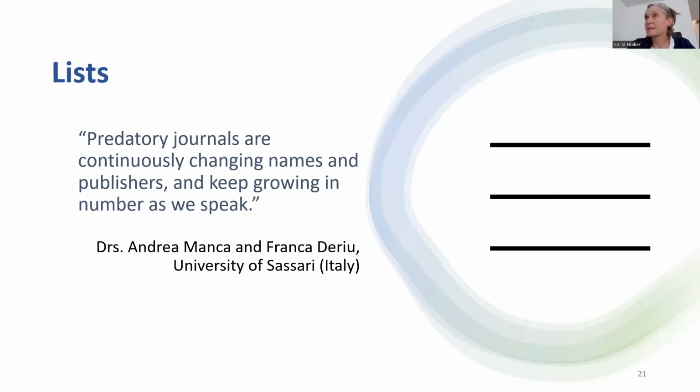There is one that many librarians will be familiar with. Cabell has two different lists. So they have their journal analytics list, which is basically legitimate good journals with lots of good information about them, about whether to subscribe to them, and for finding a home for publications, for manuscripts.